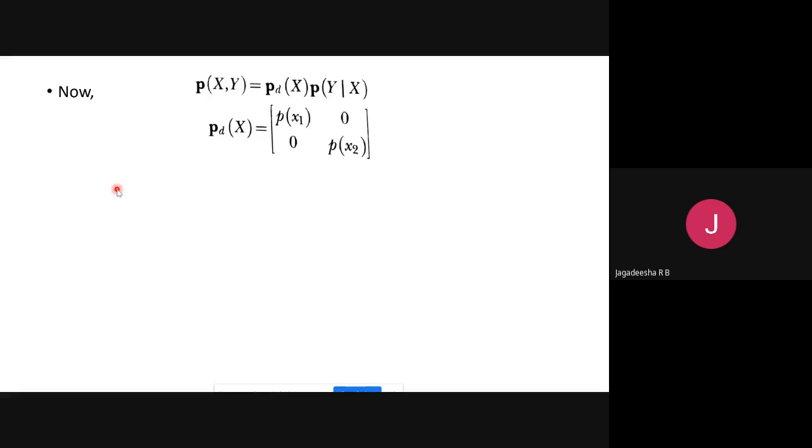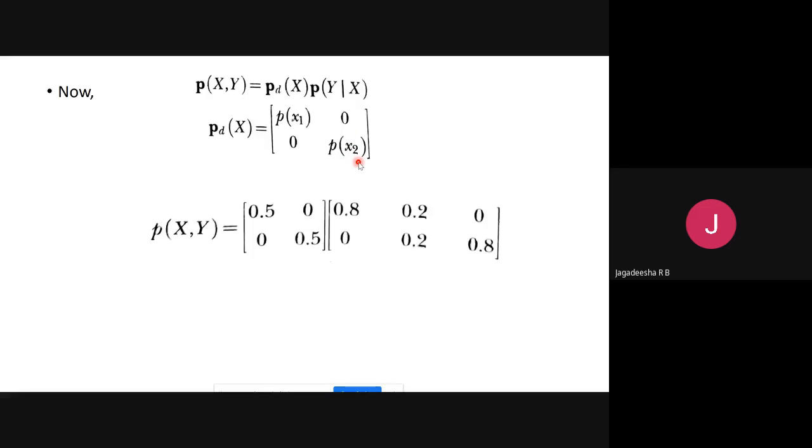And now the next point is joint probability. Between X and Y, it is nothing but the diagonal matrix and the channel matrix multiplication. The diagonal matrix is here, and the element values should be 0.5 here as well as 0.5 here. They are the inputs.